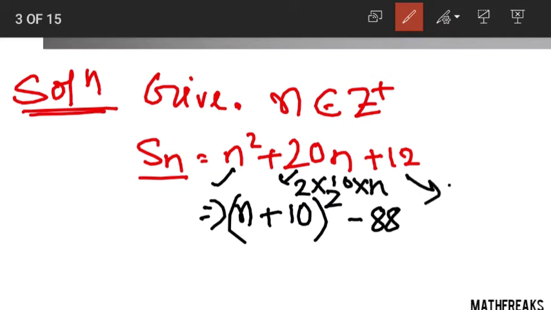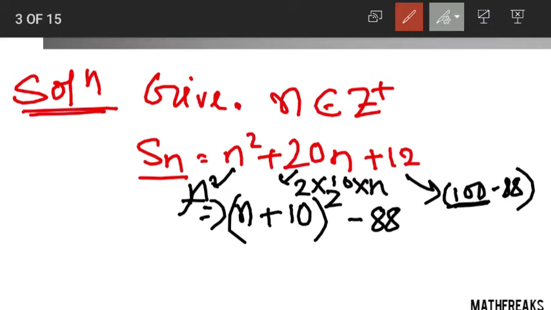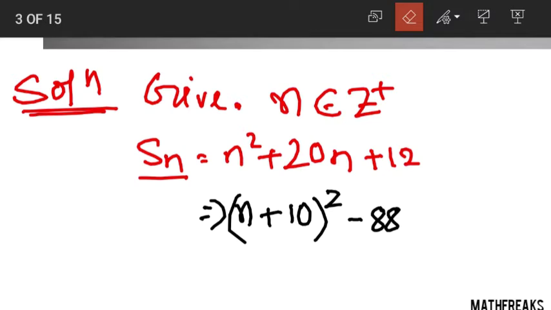And this is 100 minus 88, right? So if you consider n as a, this 10 as b, it's 2ab, right? Did you understand this? So if you have guessed up to this part, then it is very simple.